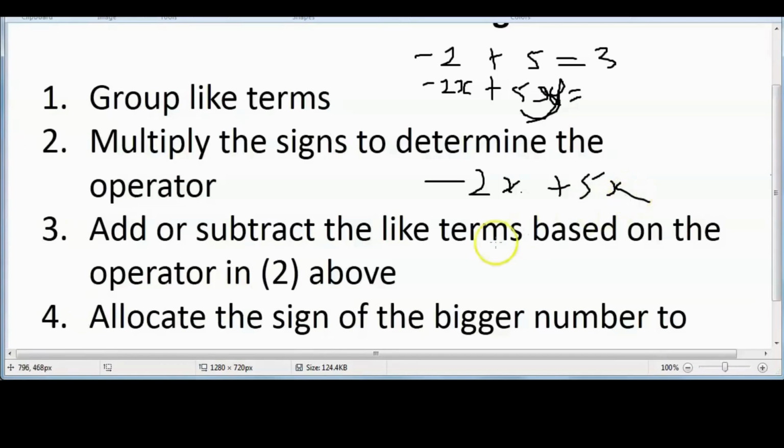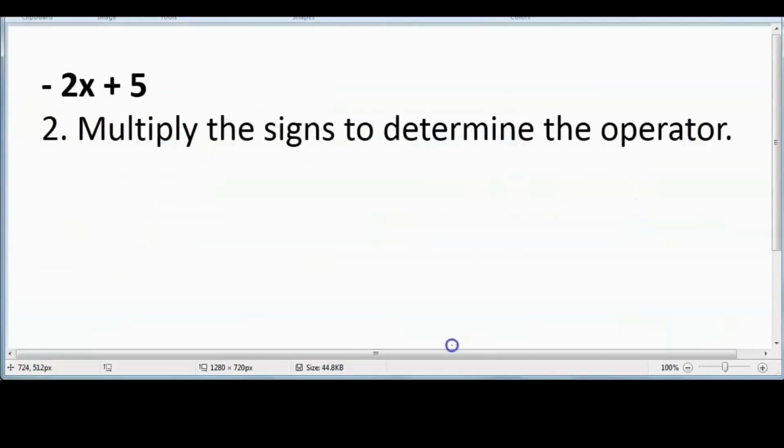Let's take a deep dive into it. Minus 2x plus 5x. The first thing we need to do is multiply the signs to determine the operator. Rule number 1 will not be used here because we have only like terms. There are no unlike terms.